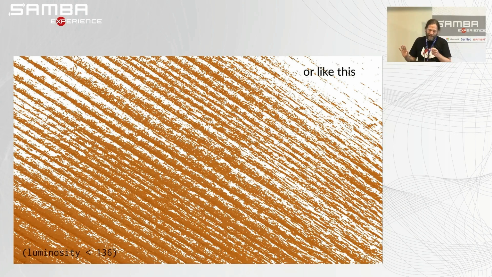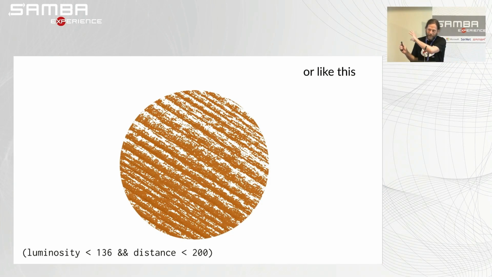The analogy is a little bit bad, but if you want to combine them, so only things close to the centre with a certain luminosity, if you had a conditional ace, you could make an expression like this without adding a whole lot of groups and doing annoying things like that. So that is one part of the use of a conditional ace, to allow you to invent rules based on attributes. And where the attributes come from, that's where the claims come into it. But I'll get to that later.